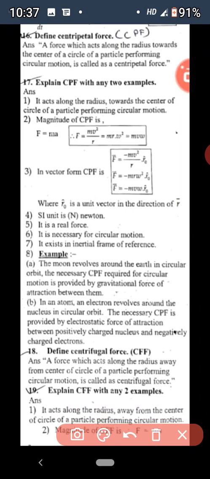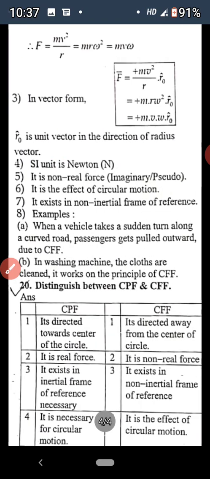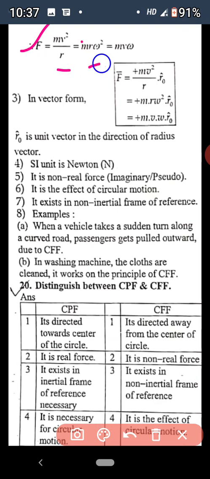Here is the explanation of centrifugal force. It acts along the radius and away from the center of the circle. Its magnitude is given by F is equal to mv square upon r, m r omega square, m v omega.